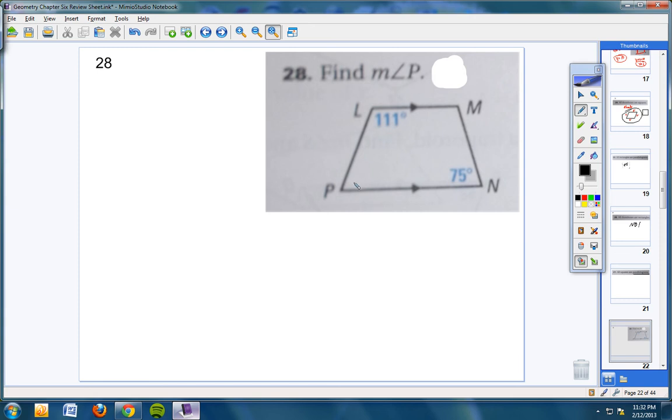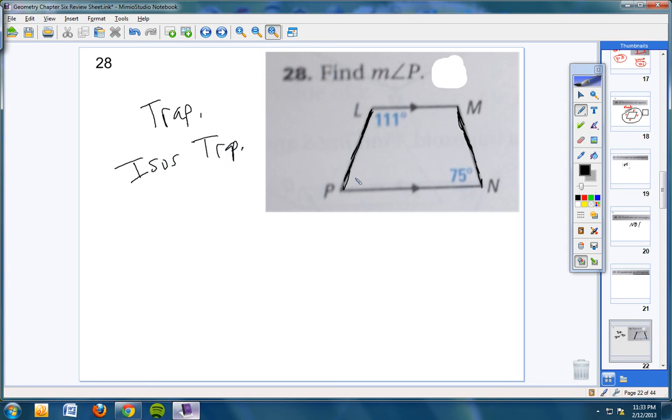Find the measure of angle P. Now, when class started, way back at the beginning, when you were still awake, remember? I told you, in a trapezoid, these are called legs, and the angles on the legs are always supplementary. Always. I don't care if it's a regular trapezoid or an isosceles trapezoid. It doesn't matter.